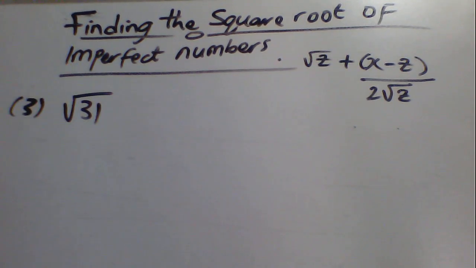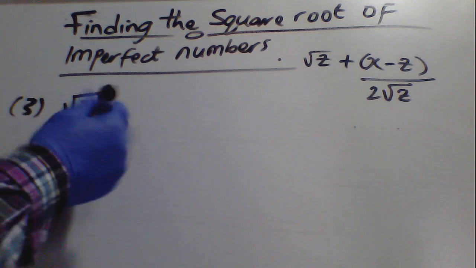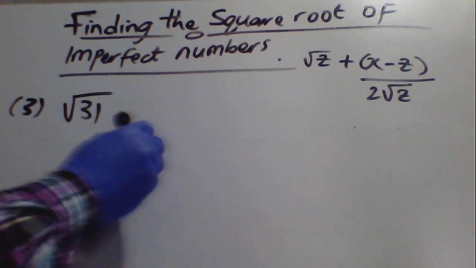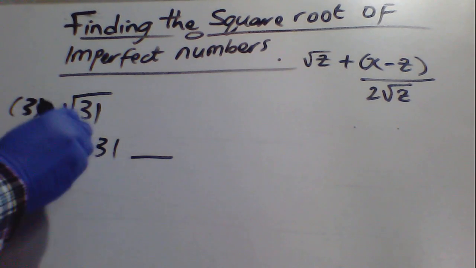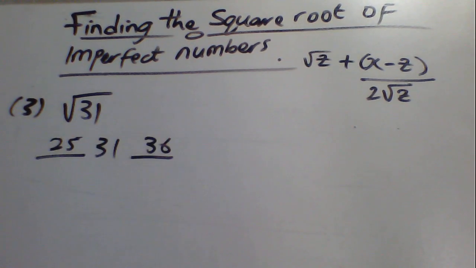How can you use this formula to find the square root of 31? The first thing you have to ask yourself is, what perfect number has a perfect square that is close to 31? Here we have 25. Here we have 36.